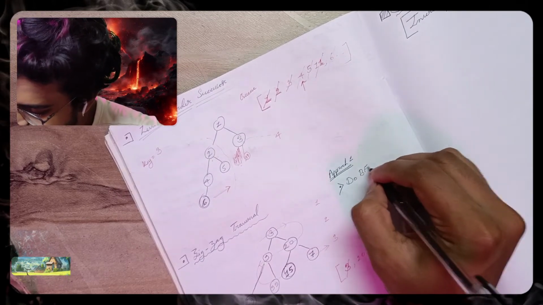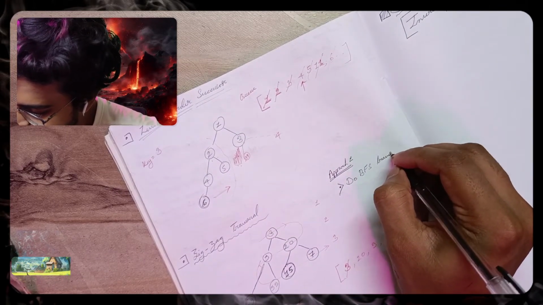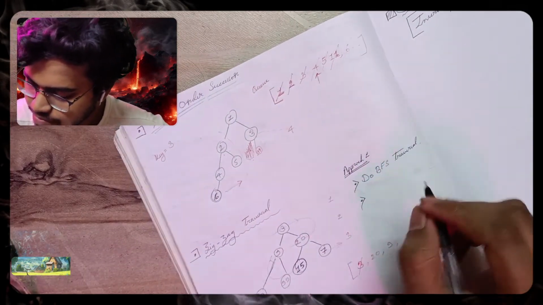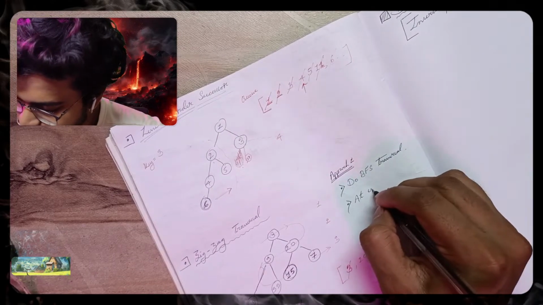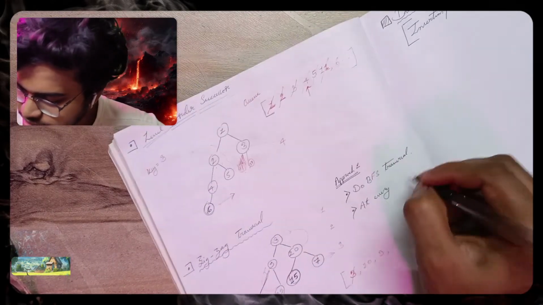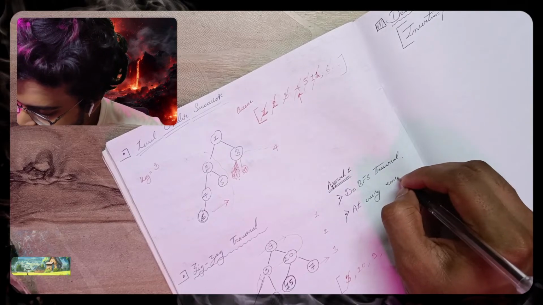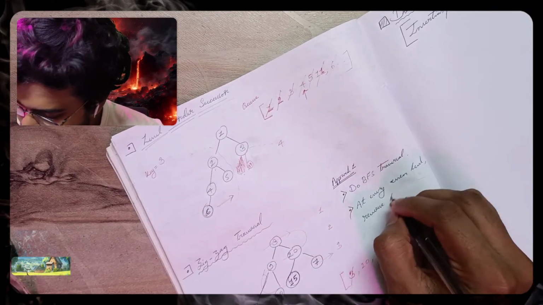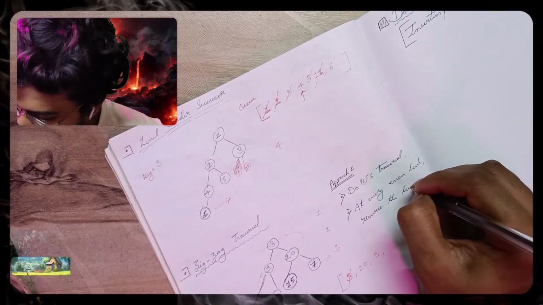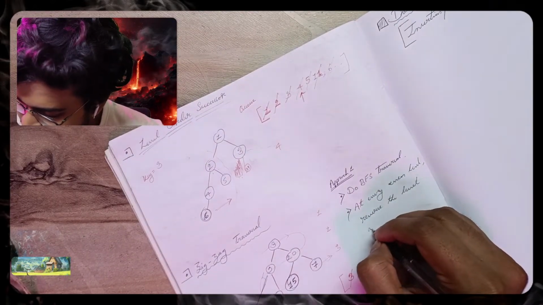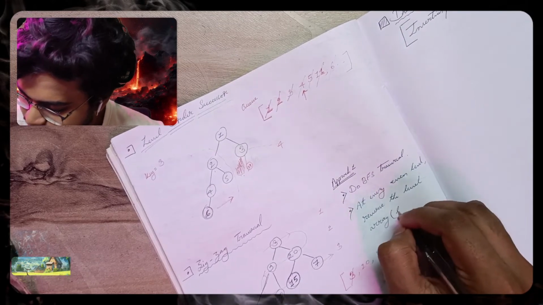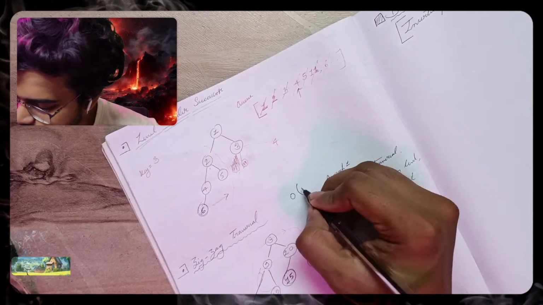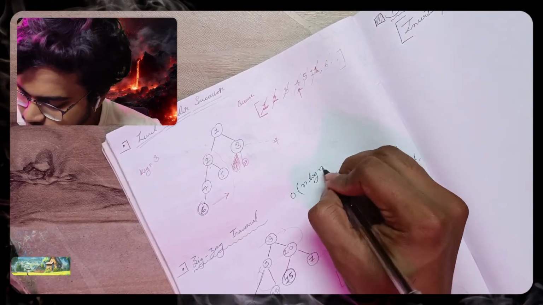Do BFS traversal and at every even level reverse the level array, or in Python we say list. Okay, this is approach 1. This takes O of n log n time.